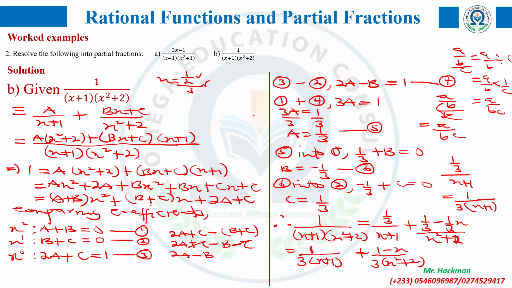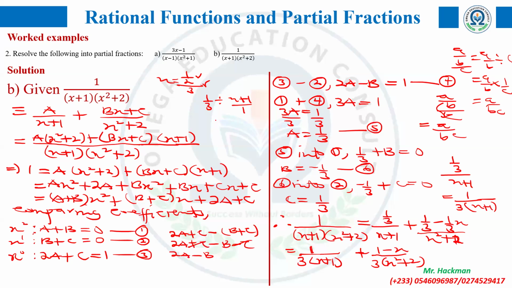Somebody who doesn't know this can still use this approach. I'm guiding you before, so it's better to play it safe. 1 over 3 divided by x plus 1. But because this x plus 1 is more than a term, do it over 1 so that it will be a single fraction. Because if you write it this way without writing the over 1 or putting this in brackets, in a major work, you are in trouble.